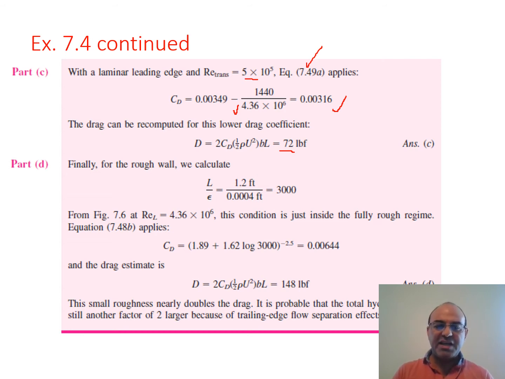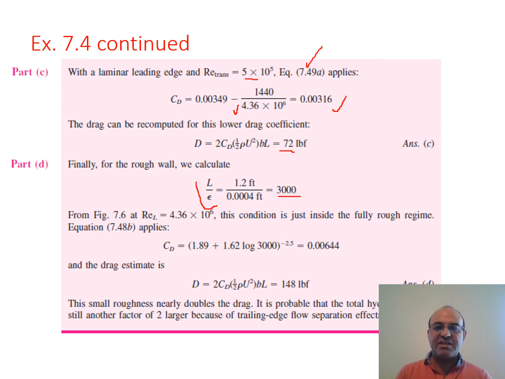Finally, in part D, if we consider the plate to be rough, L over D is 3000. So for that given Reynolds number, if we look at the curve, we see that the curve has flattened. So it's on the plateau or the leveled part of the curve.